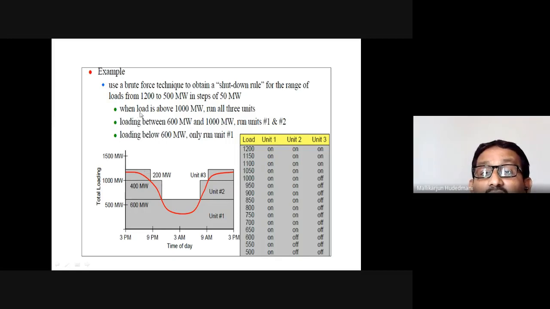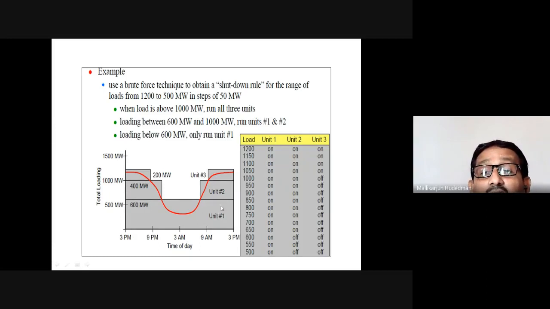You can see when the load is 1000 megawatt and above, the red line demands all three generators to run, up to the highest of 1200. If the load is between 600 and 1000, it demands unit 1 plus unit 2.